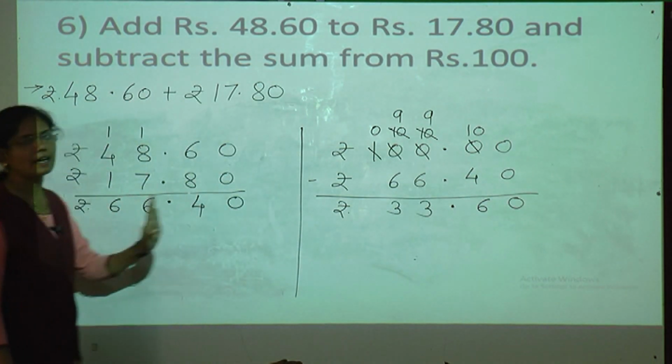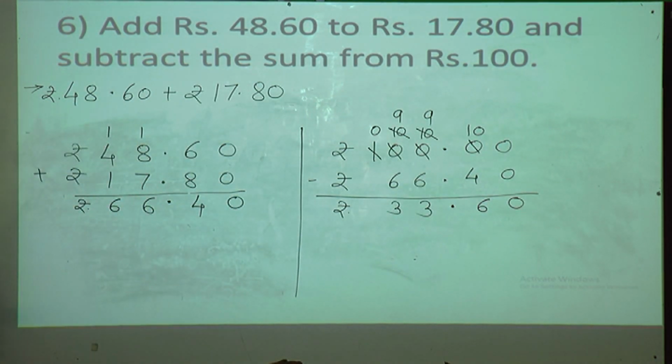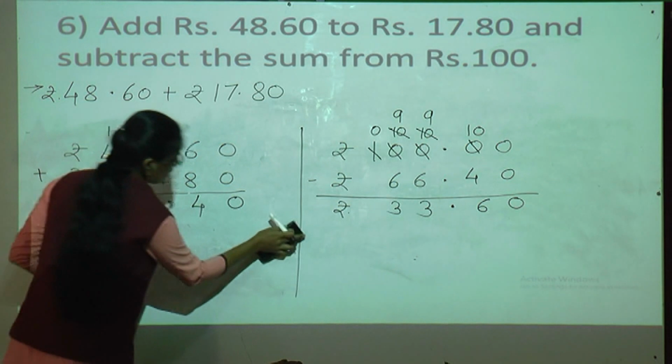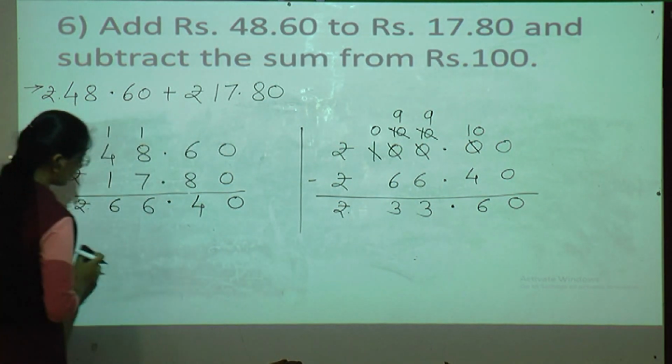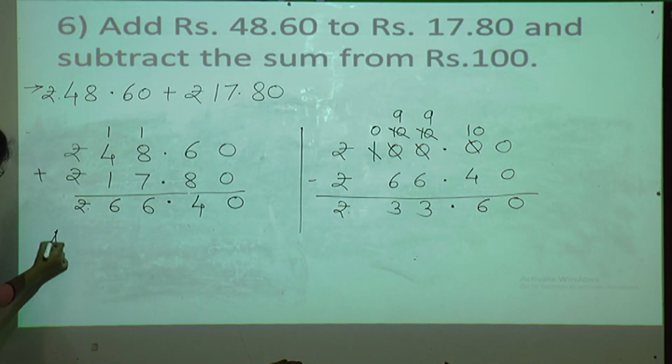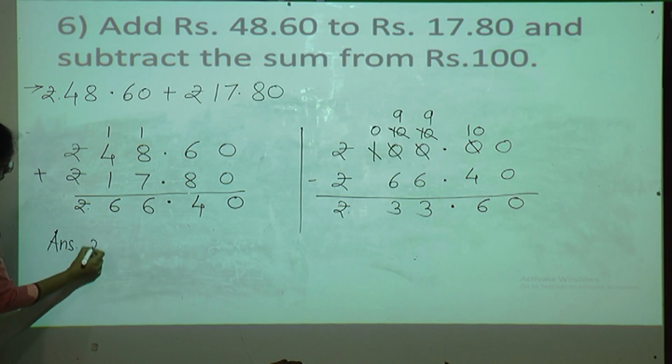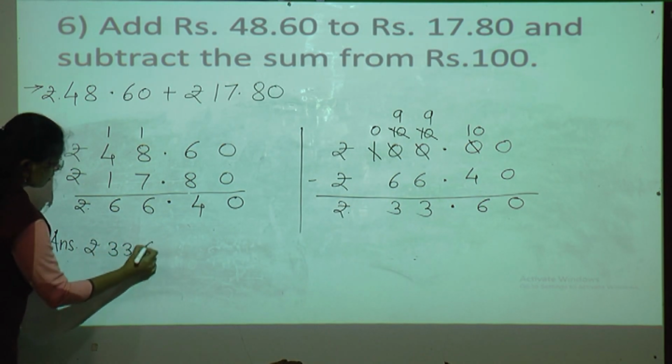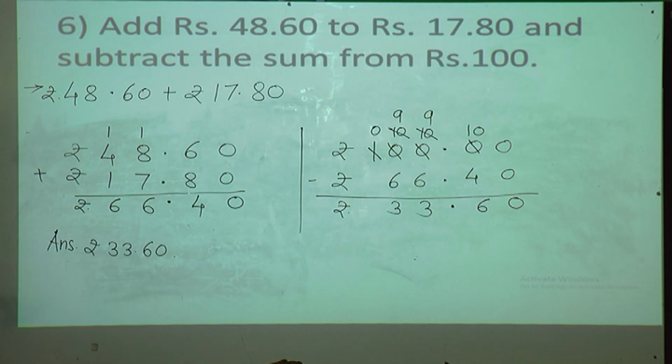This is your answer. At the end you will write the answer in this way: Answer, rupees 33.60. Okay. Understood? Clear? Then we will move to the next example.